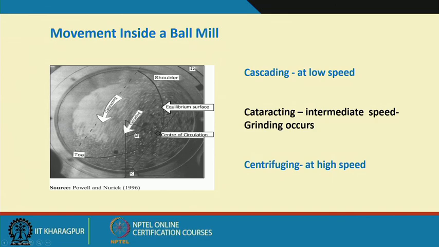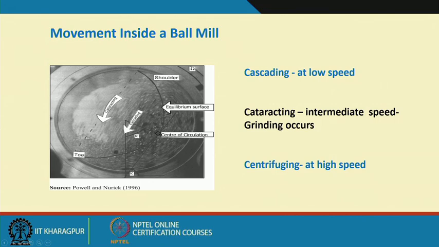These are the general terminologies we use for different sections in a ball mill. It is basically the shoulder, from where most of my material falls back during the rotation. When it is traveling up, the entire charge going up is called the cascading action, and when it is falling like this, that is called the cataracting action.